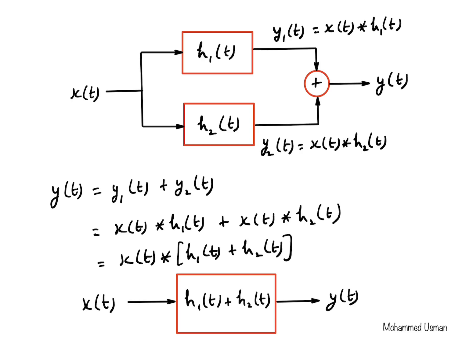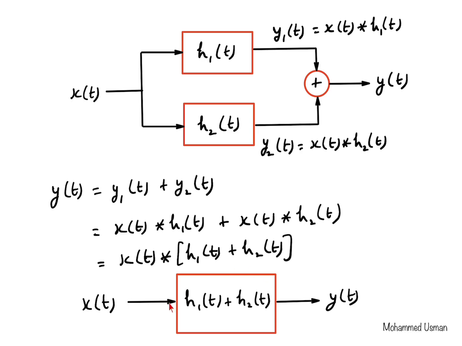So using the distributive property, we are able to represent a system which has parallel subsystems as a single system whose impulse response is the sum of the impulse responses of these subsystems, okay?